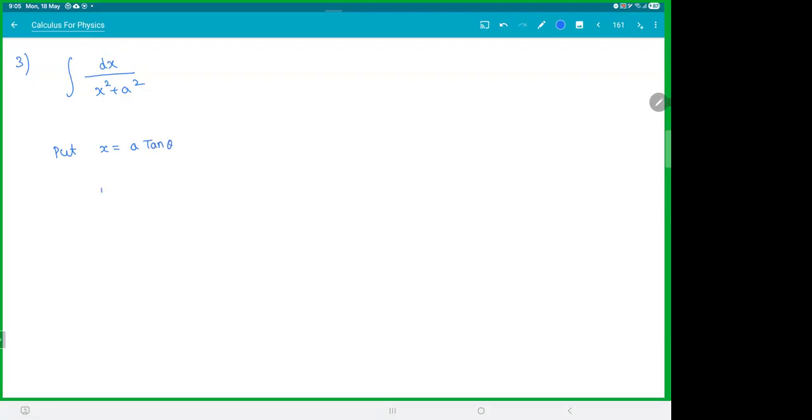Do you guys remember the tan differential? It is a sec square theta d theta. That's your tan differential. When you substitute here, you end up with a sec square theta d theta, and the denominator becomes a square tan square theta plus a square.